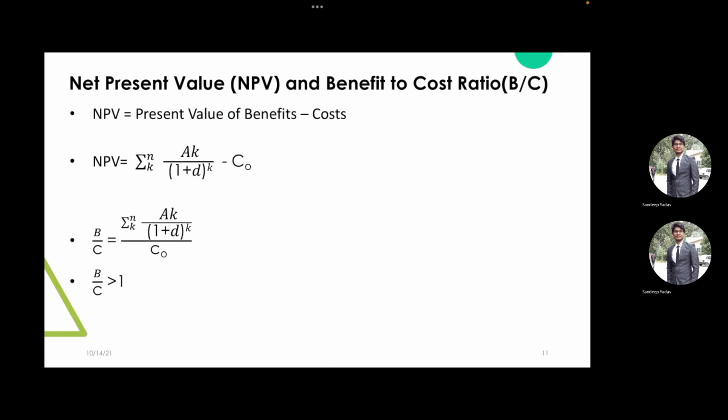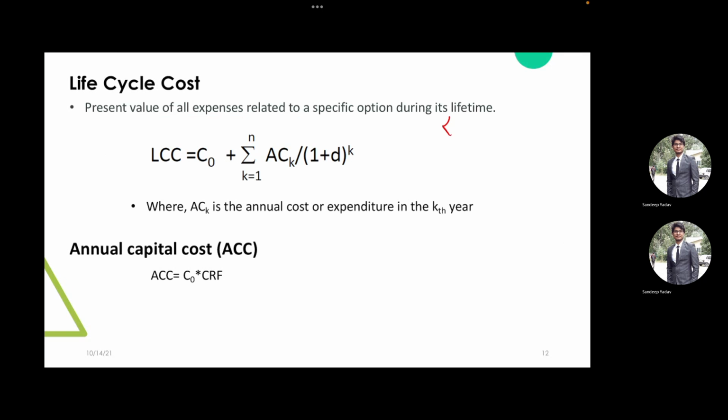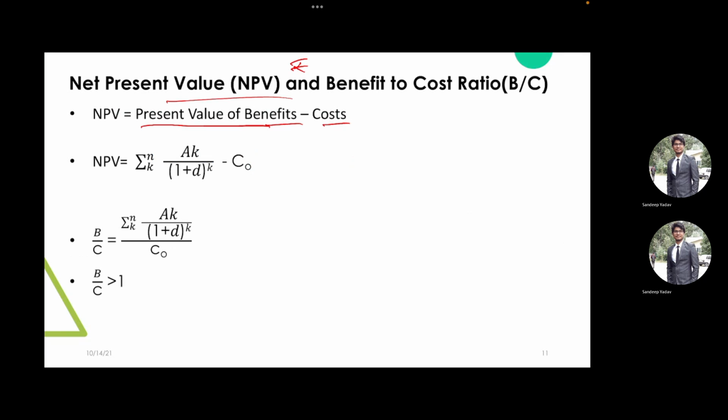Let's move on to the next thing, that is net present value and benefit to cost ratio. Here, net present value is the present value of benefits minus cost. Its unit is rupees, or we can say million rupees.